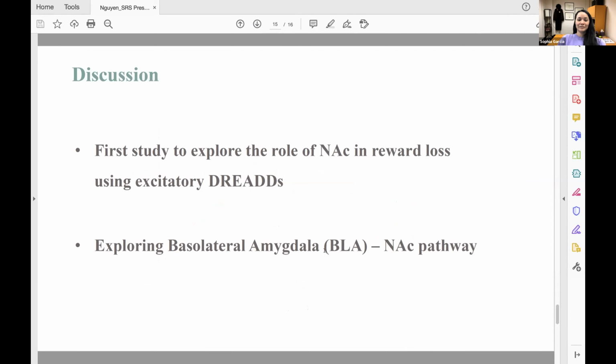Animals who had lesions in this area cannot tell the difference between a 32% sucrose and a 2% sucrose. So we believe that this area is involved in reward comparison, and after having information about the difference between the rewards, it will send that information to the NAC, which might be involved in the emotional response that leads to the suppression of behavior. That would be our next step.